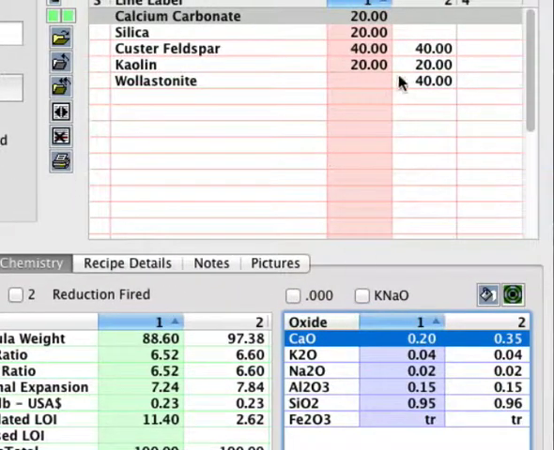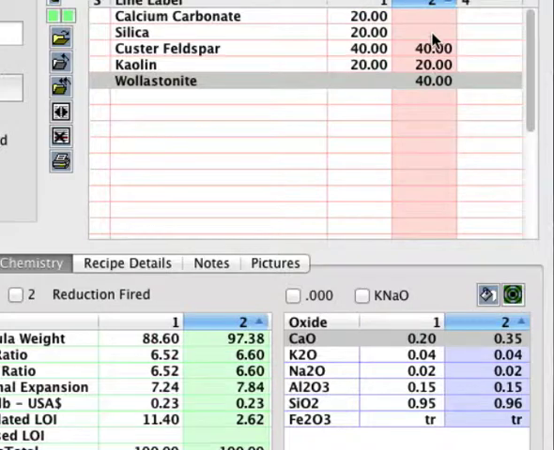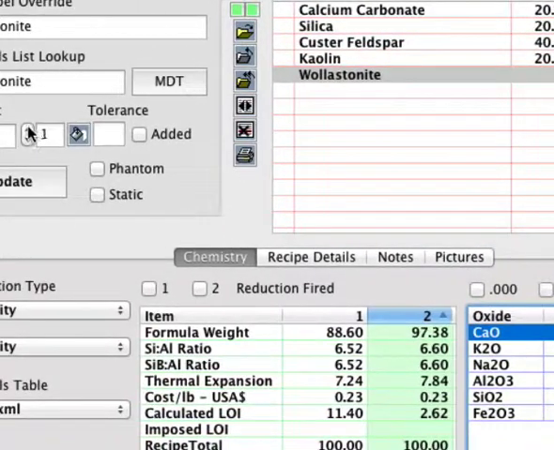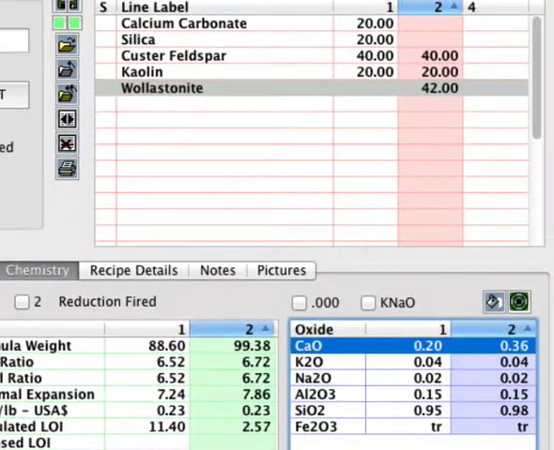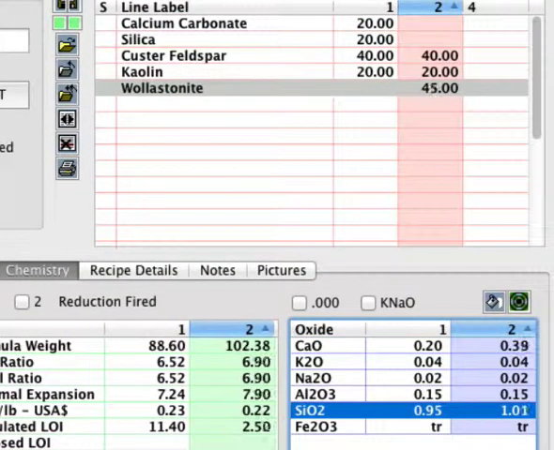And now notice what happens if I select the wollastonite, recipe 2 here, and watch the CaO line. As I bump the wollastonite up, the CaO changes and the SiO2, because those are the two oxides that it is contributing. But notice that none of the others are changing, and that's what we want. So I'll put that back down to 40.